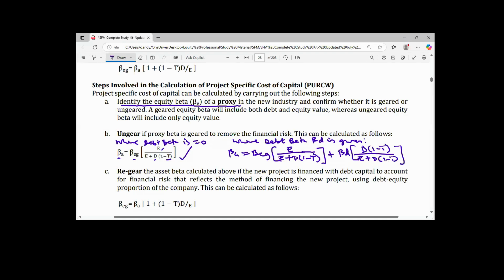Okay, so that is the formula you are expected to use to calculate beta assets whenever you are told in the question that debt beta is given.